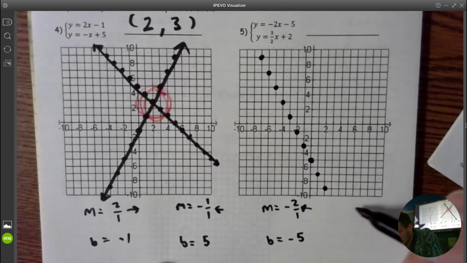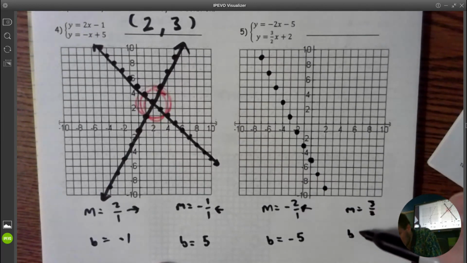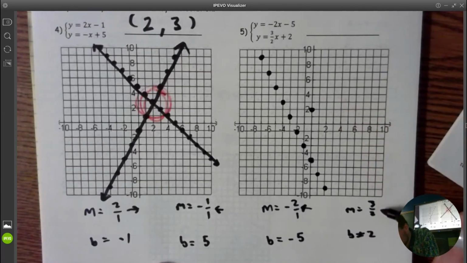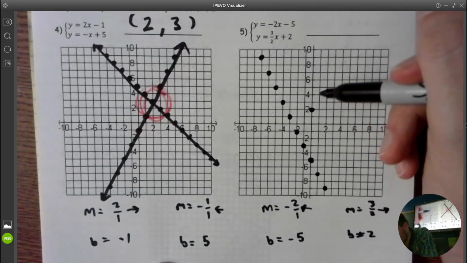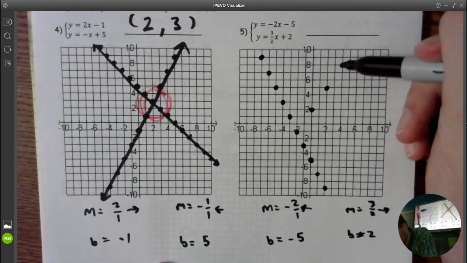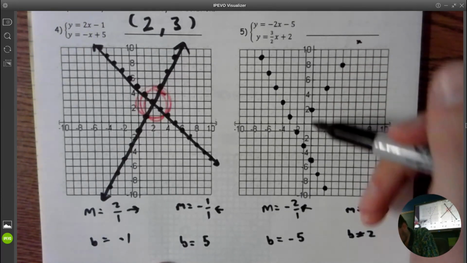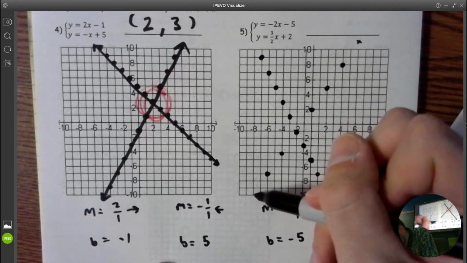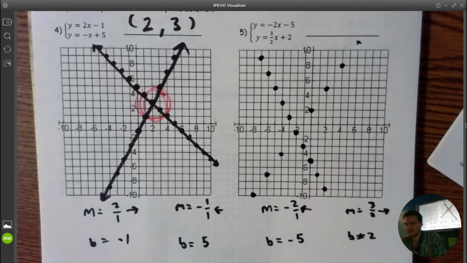The second one is 3/2 and +2. That means I should be going rise over run, up 3 over 2, up 3 over 2, up 3 over 2. Getting that nice little pattern of doing this.